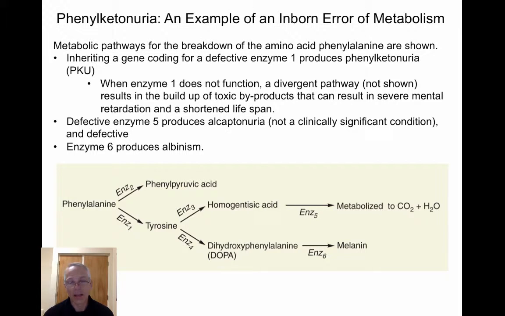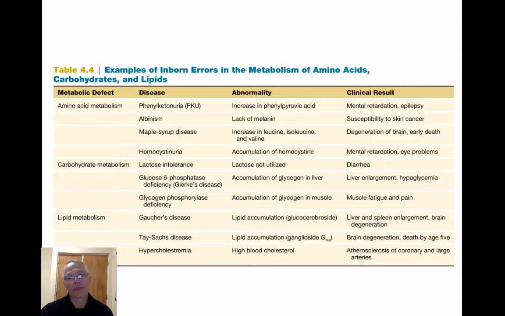And again, I'm not going to ask you to memorize any of these. You should be familiar with the fact, though, that a lot of inherited diseases are the result of a mutation in a gene that codes for an enzyme. And so that enzyme, as part of a metabolic pathway, isn't able to do its job, and therefore the pathway breaks down, doesn't accomplish what it was meant to do.